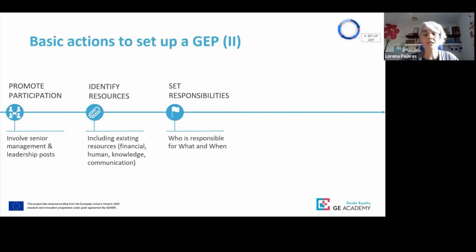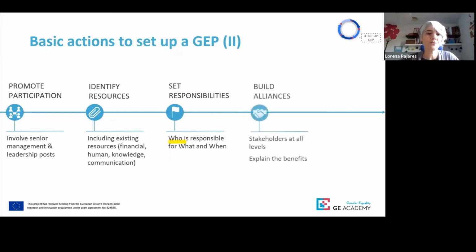An agreement needs to be made on the team that is going to be involved in the implementation of each measure of the gender equality plan, okay? So again, remember your map of actors here to set the responsibilities, and the gender equality plan should clearly indicate who is responsible for what and when, okay?